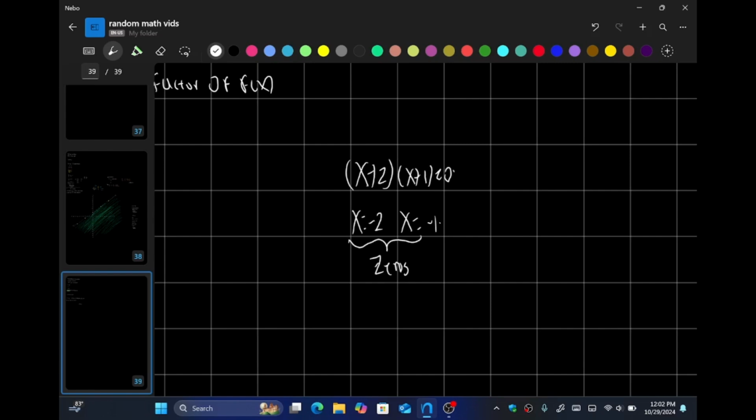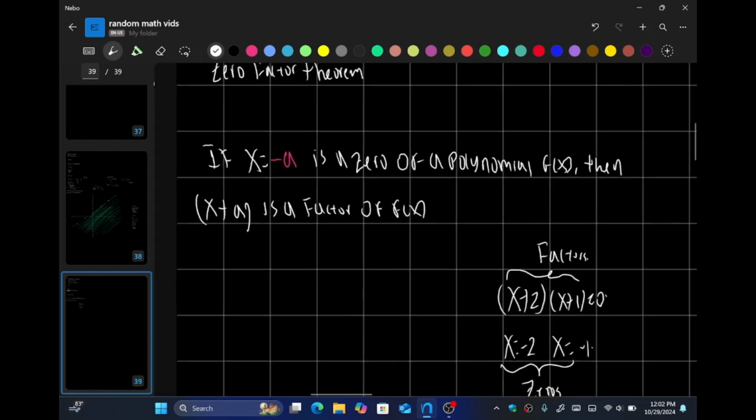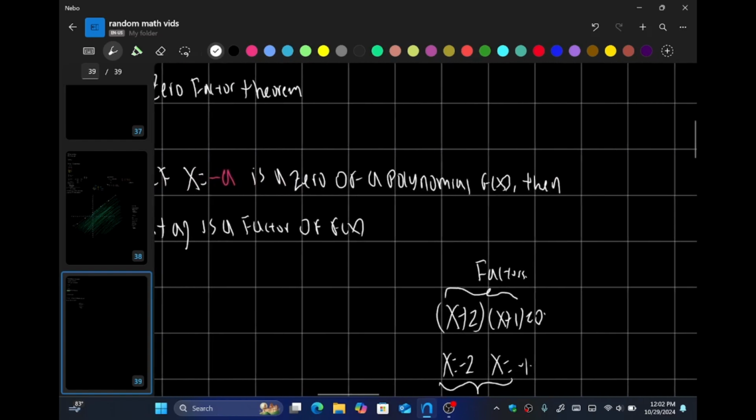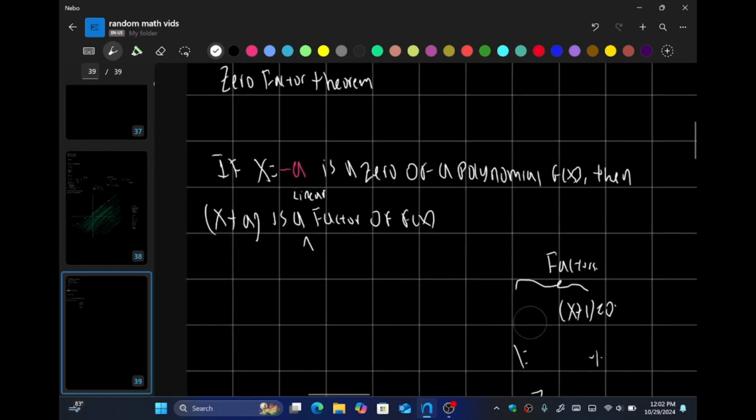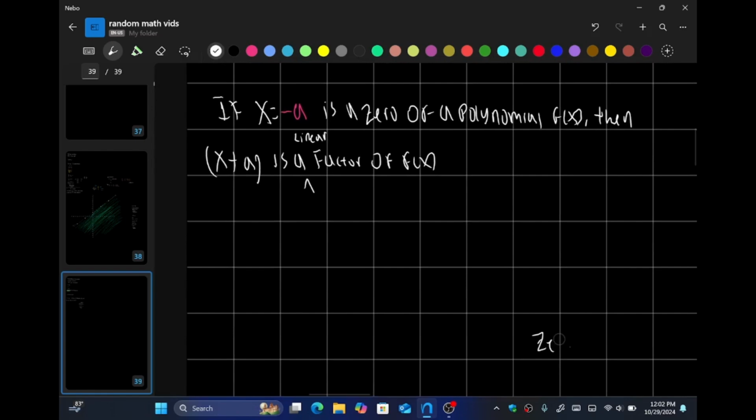And if this is true, then these two things right here are considered the factors. Usually we call them linear factors. So x plus a is a linear factor of f of x.